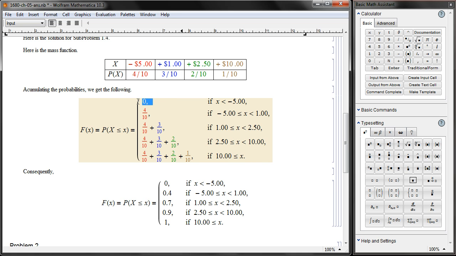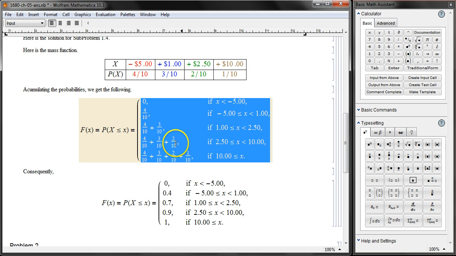Less than -5, that's impossible, so probability always begins from 0. Next, 0 plus 4/10, this is cumulative, so you have to add up. Next, 4/10 was the previous probability, so you add the next probability, and we get the appropriate accumulation. At the next breaking point, we have 2.5 and the probability is 2/10, so that's added here.